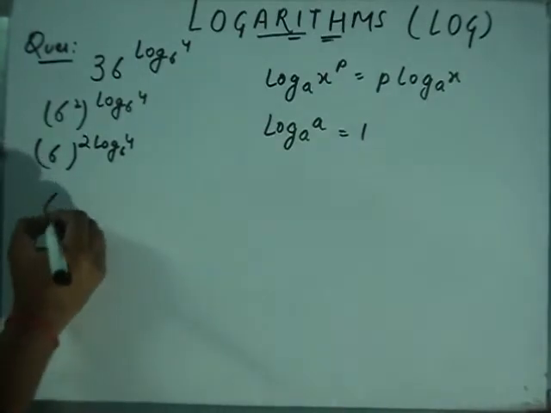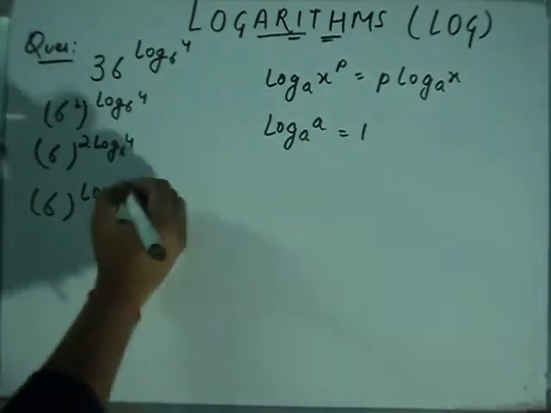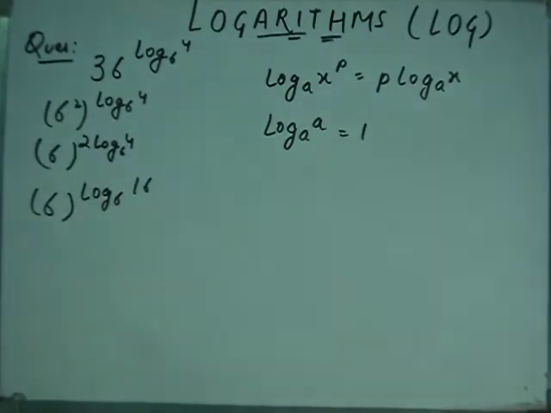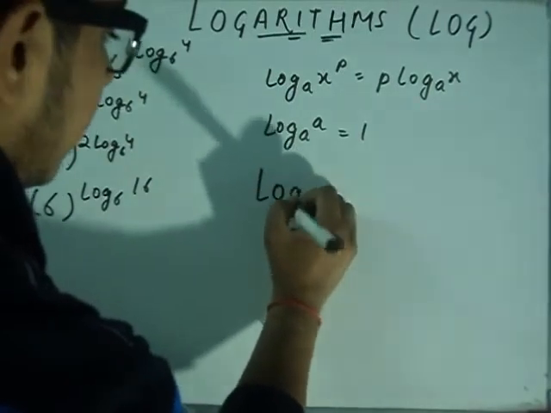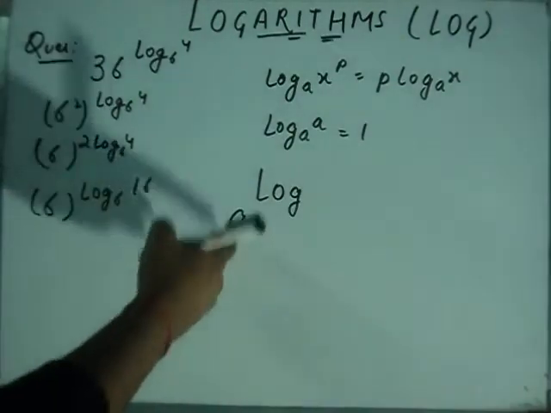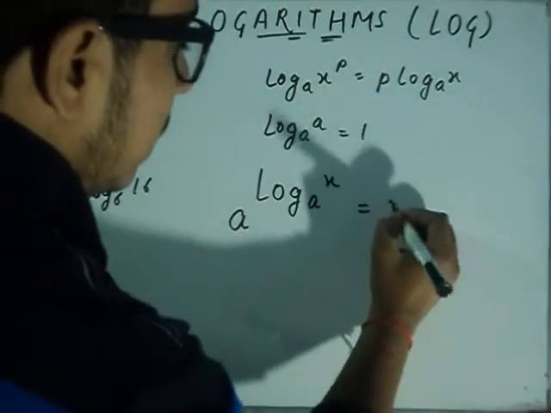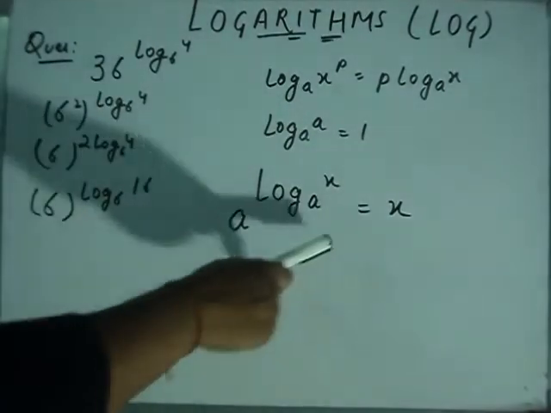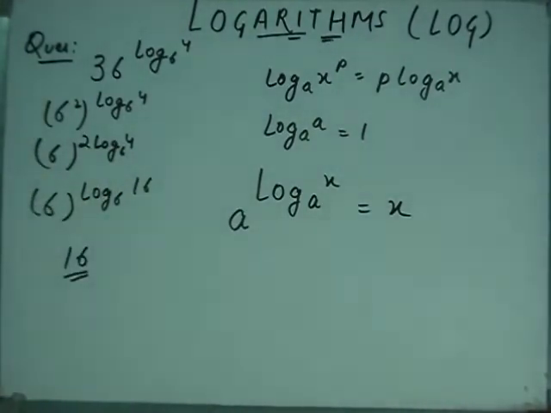So now we can write it as 6 log 6 to 4 to the power 6, which is equal to 16. Suppose we have this value, it is our next property: a to the power log base a x, so we can write it as equal to x. So by this property we will get our answer as 16. It is our another property.